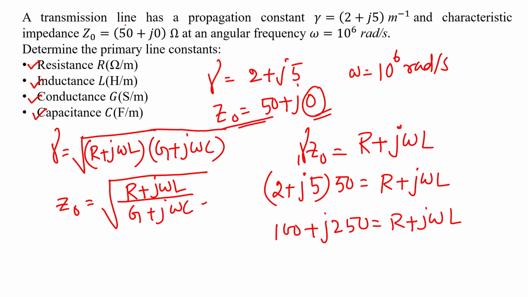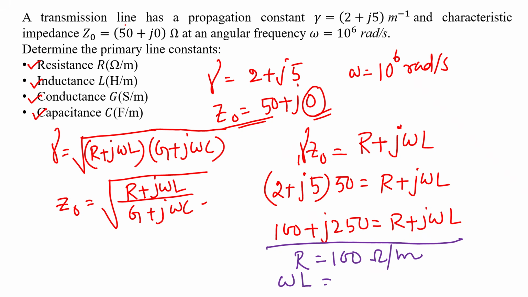Now if we equate the real and imaginary parts of the left hand side and right hand side, we get R equals 100. So R is 100 ohm per meter. Similarly, omega L equals 250.